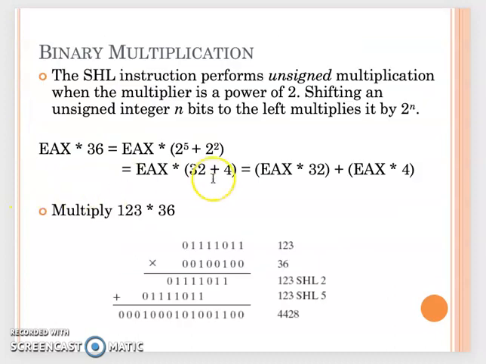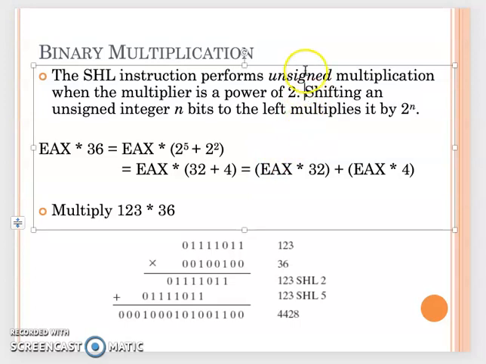Because for multiplication, we have another approach. For example, say I want my EAX to become 36 times bigger. I know 36 is not 2 to some power. But any number, positive or negative, can be broken into binary. 36 equals 32 plus 4, do you agree?